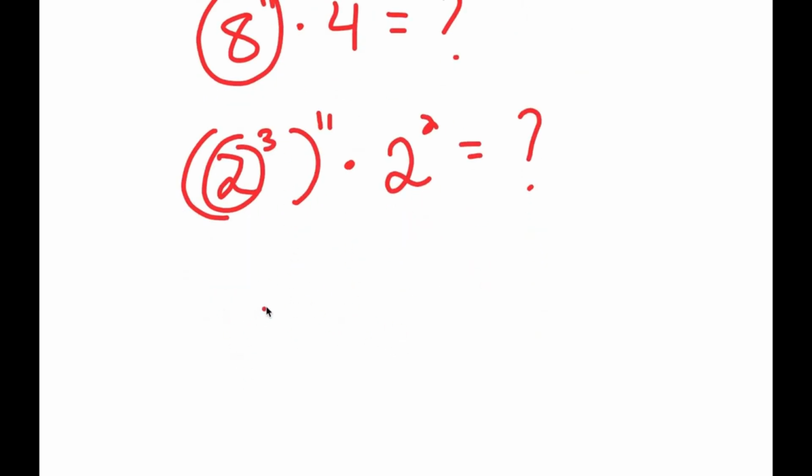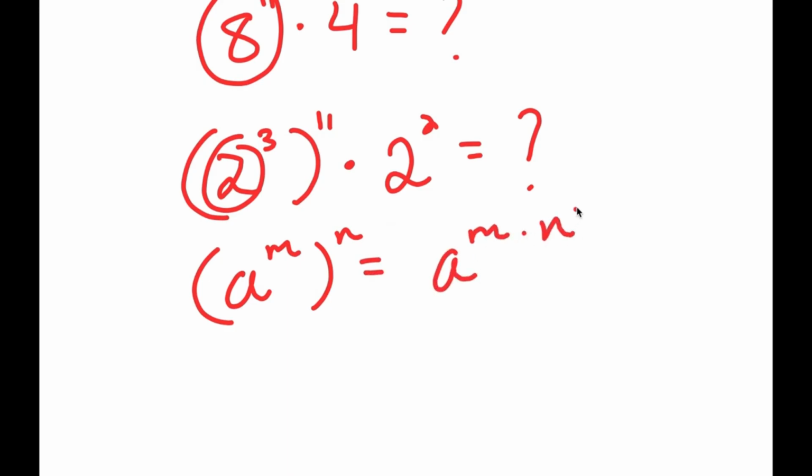From here, if I have something in the form a to the power of m to the power of n, this is equal to a to the power of m times n.